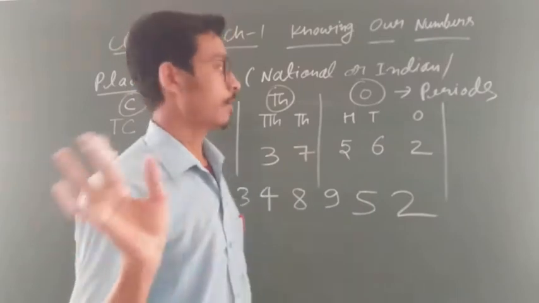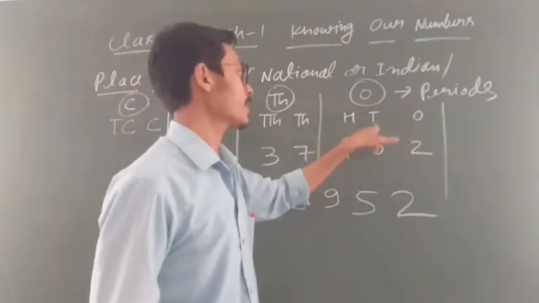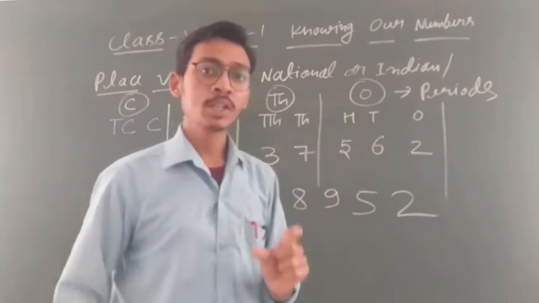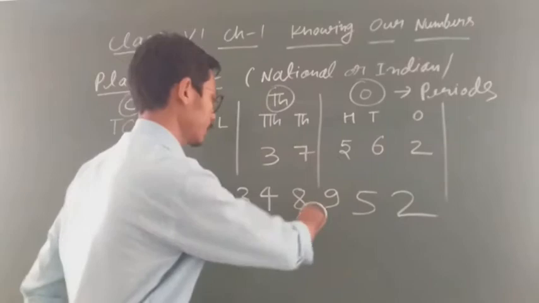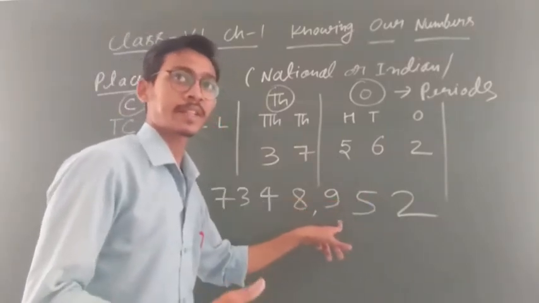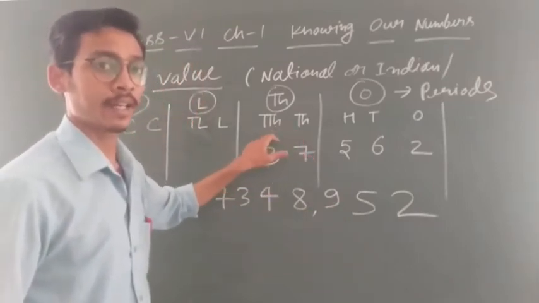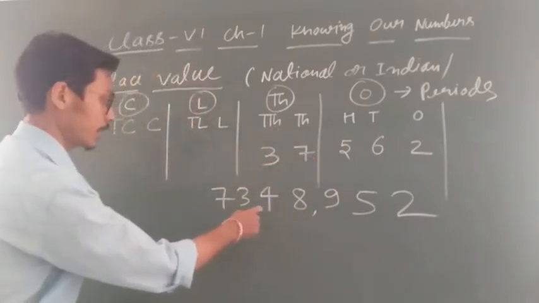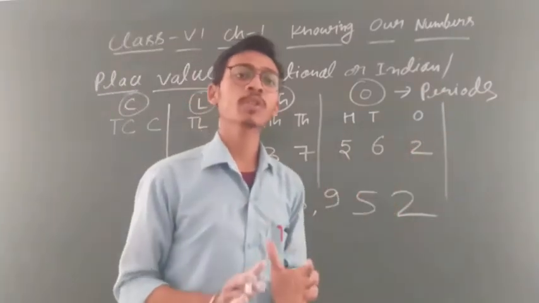You know that the first period is ones, tens, hundreds, so the first comma you will put after hundreds. This is clear because this is the first period. Then the second comma you will put after thousands and ten thousands. On the basis of this you can put the comma very easily.